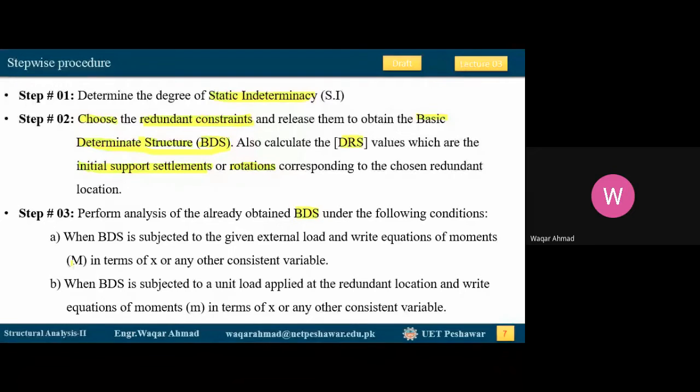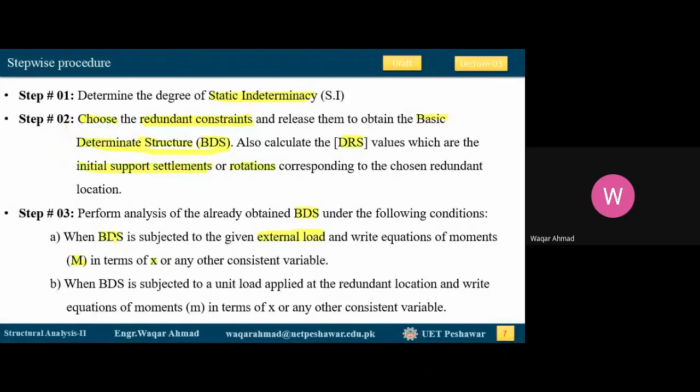Capital M is the bending moment equation in terms of x, when the BDS is subjected to the external load. You apply the external load on the basic determinate structure which you obtain from step number 2.